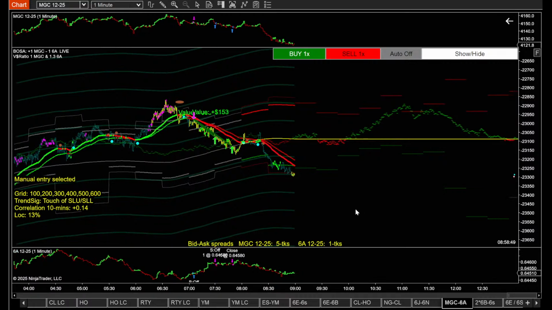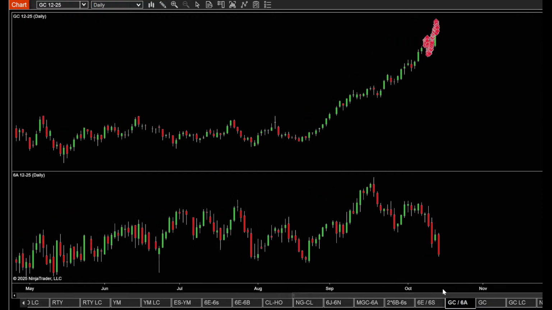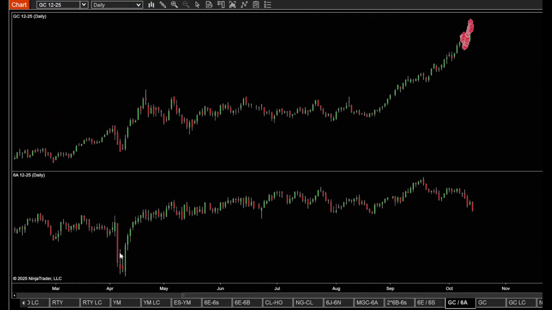Now lately, in the last couple of weeks, it's actually become a little more disjointed. If we look at, here is the gold chart. Got a lot of marker dots on it. Sorry about that. But the movement of gold in relation to the Australian dollar, this is a daily chart now. We can see it's been pretty tight all the way up until this day right here, 917.